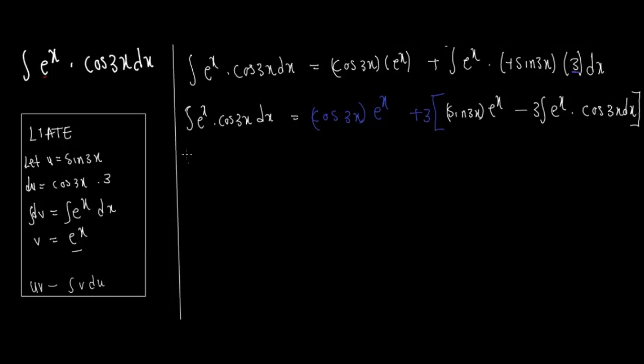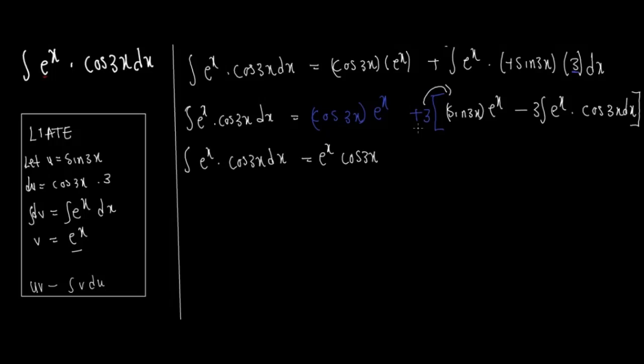So we'll have the integral of e to the x times cosine of 3x dx, which is equal to e to the x, the cosine of 3x, and 3 times these terms which are here.